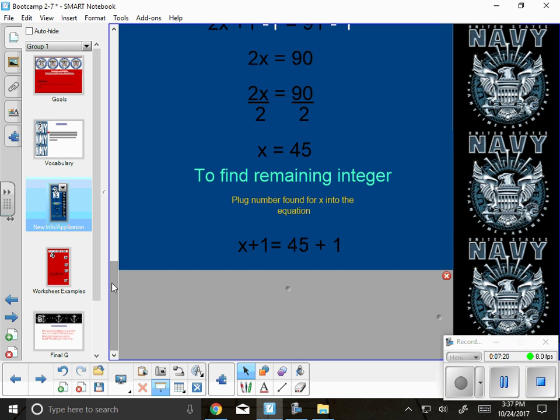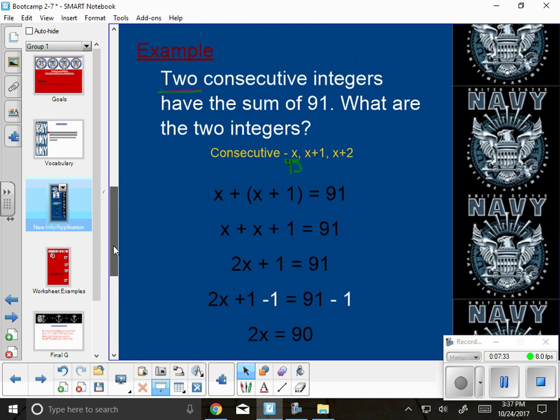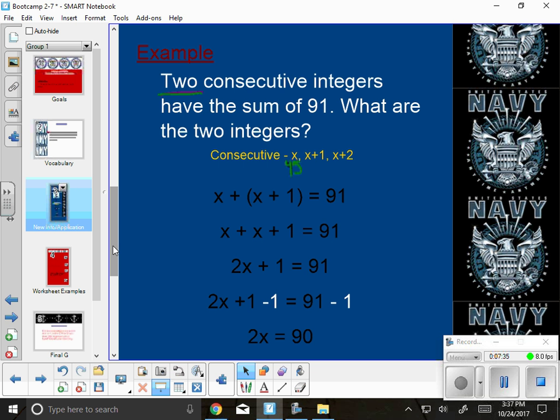The x we got was 45. 45 plus 1 is 46. So that means that your two integers are 45 and 46. I know some of you might think, oh, I can do it easily by just going up there and subtracting. But you didn't even know what the first integer was, so there wasn't really a way of you knowing.